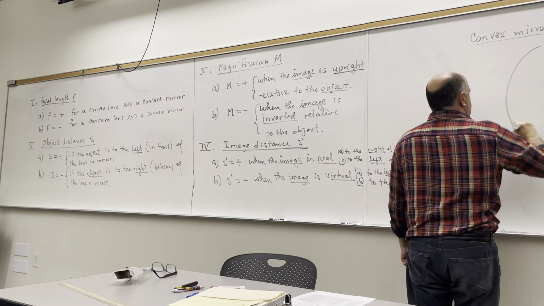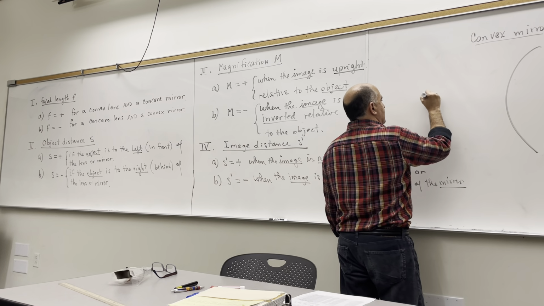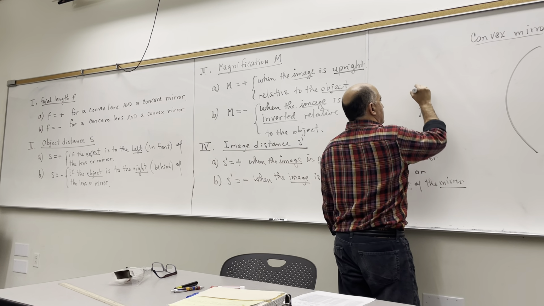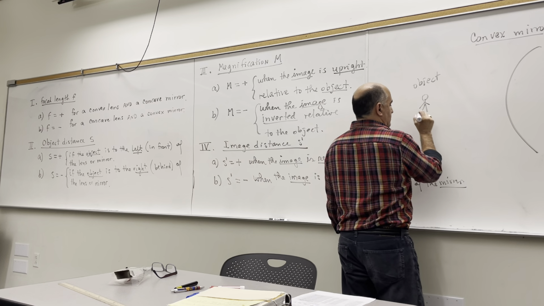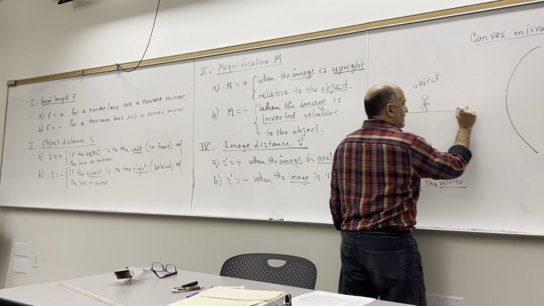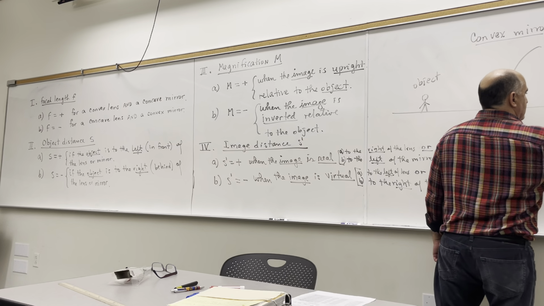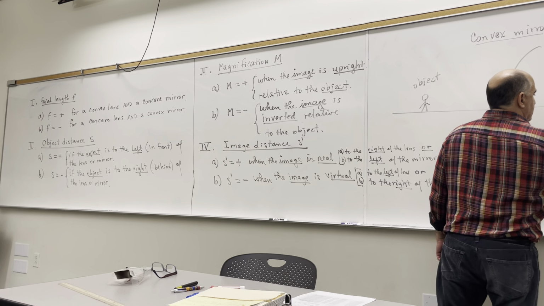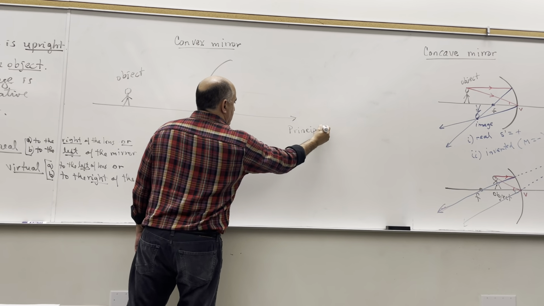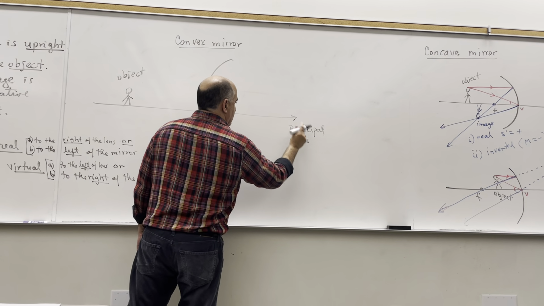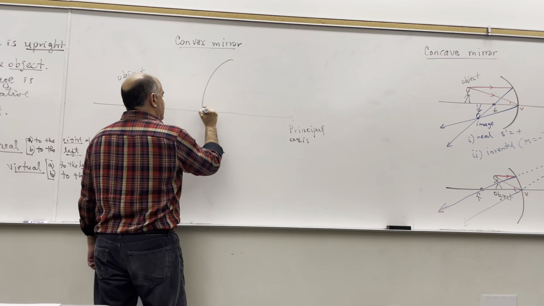So the mirror is like this. That's the reflecting side, and this is the object. So I draw the principal axis like this, right? This is the vertex.